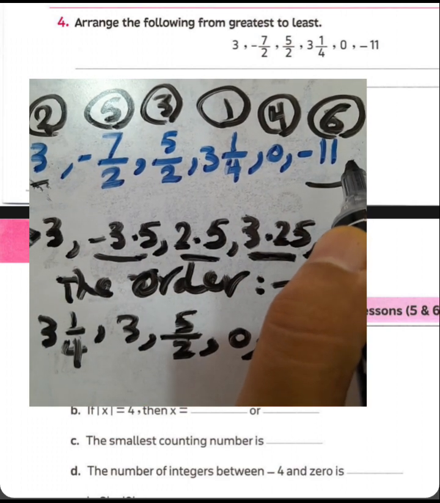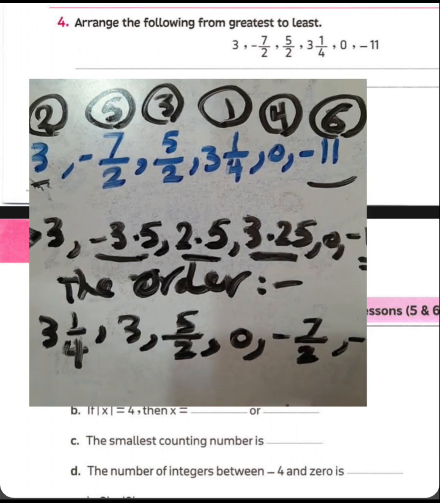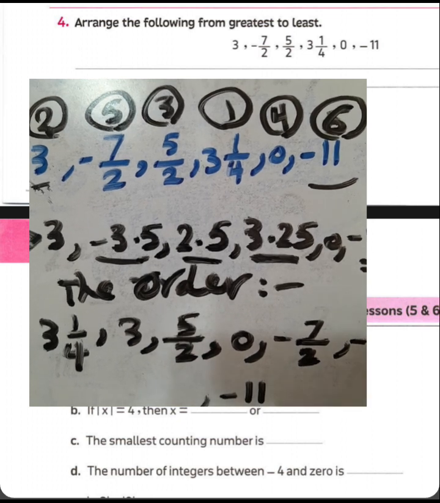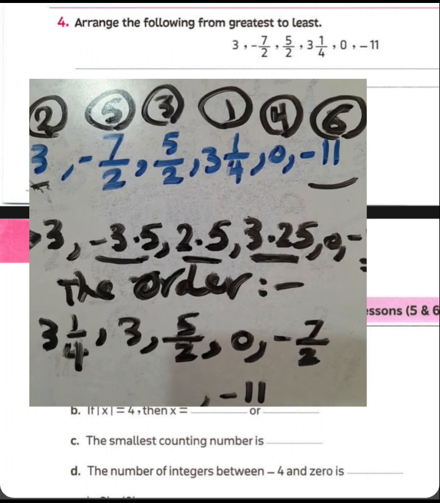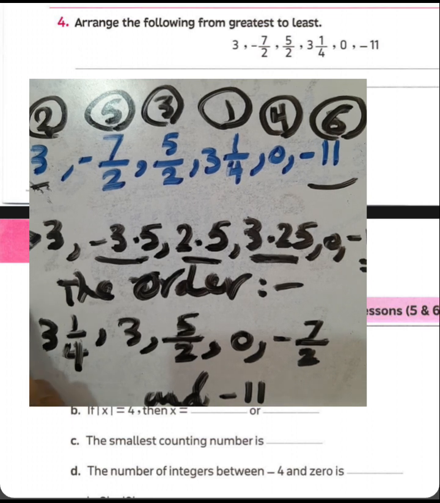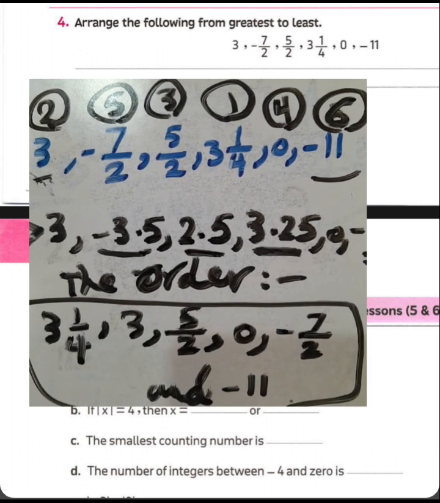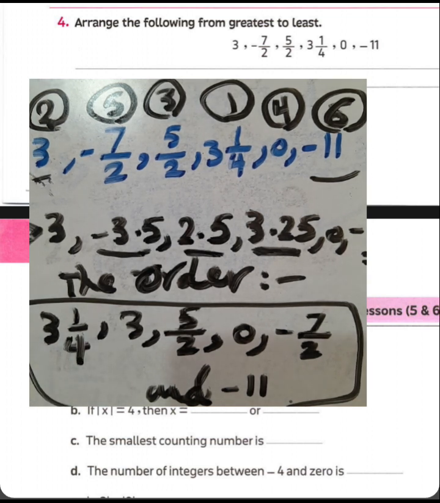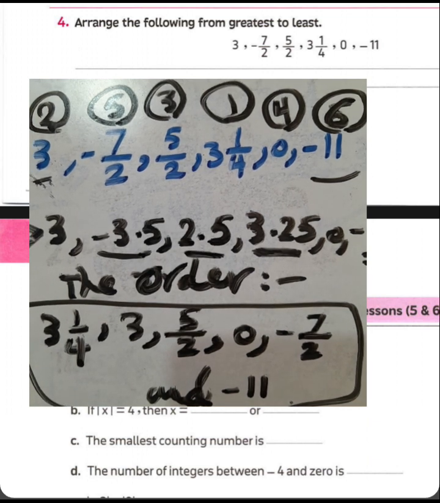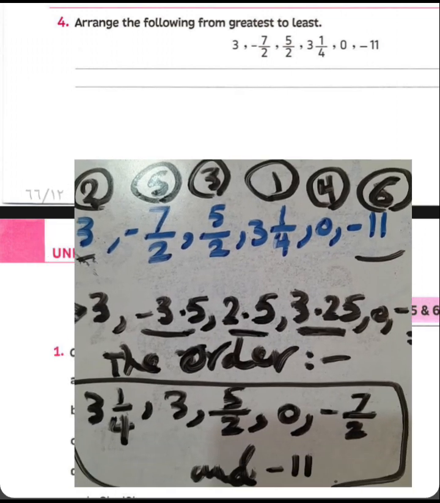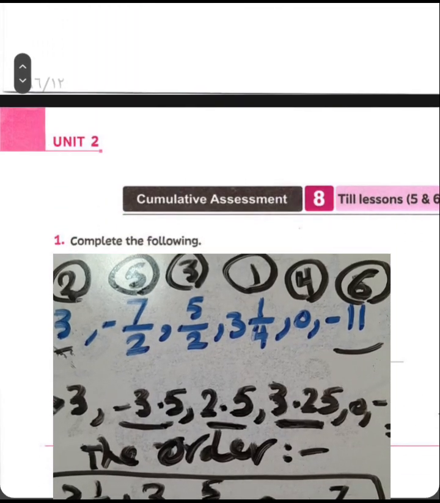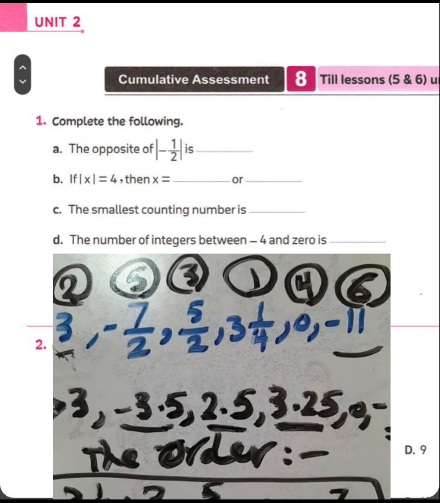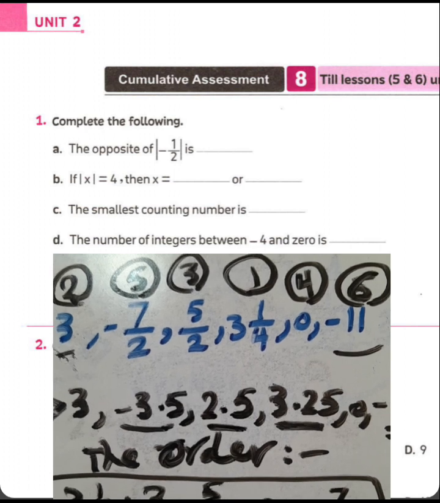Number 6, negative 11. This is the order for this example. Understood, my students? It's very easy for you. It was the last question. Okay, next time I will solve with you cognitive assessment number 8. Okay, goodbye.